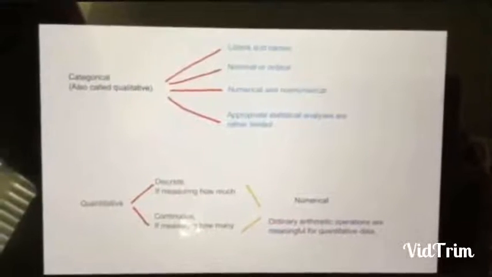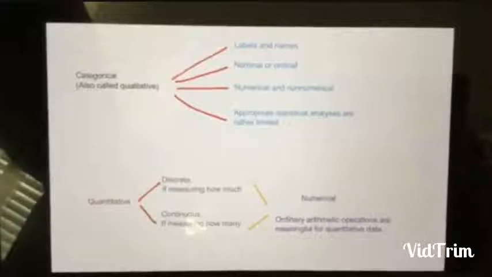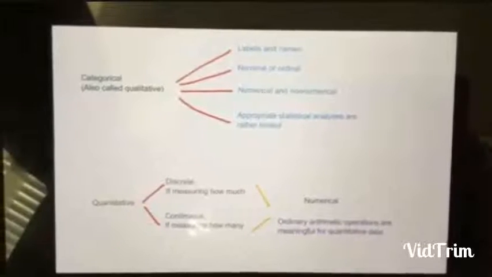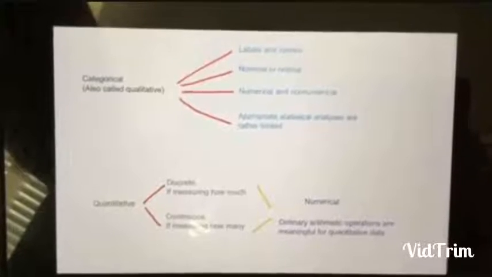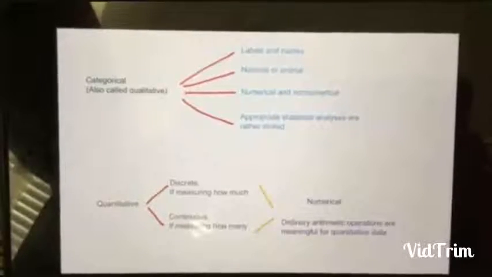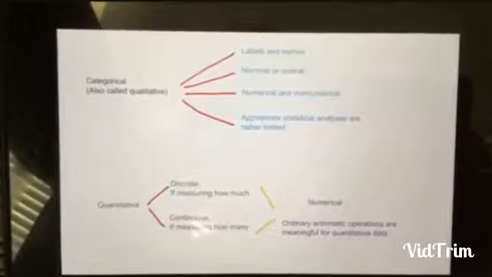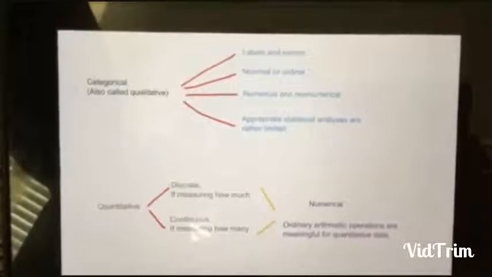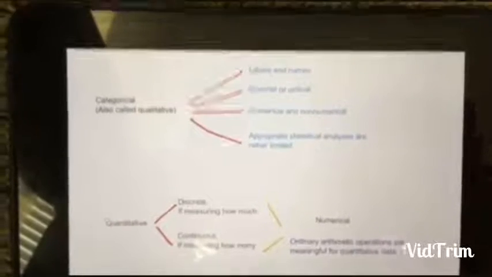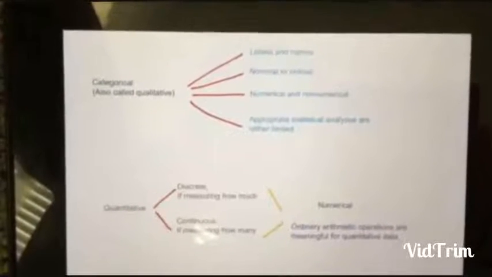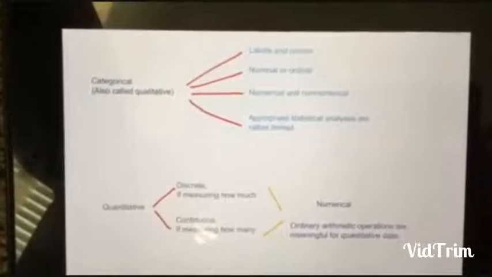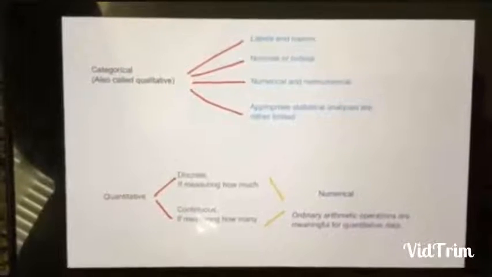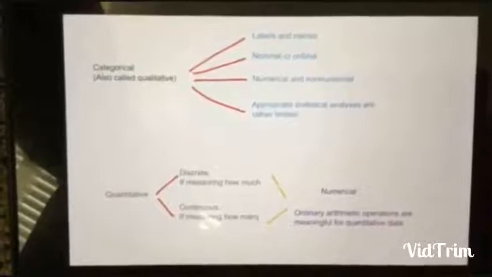Data can be further classified as being categorical, also called qualitative, and quantitative. In categorical data, labels or names are used to identify an attribute of each element, and the scale of measurement of them is either nominal or ordinal. What's more, they can be either numerical or non-numerical, and proper statistical analyses are rather limited for them.